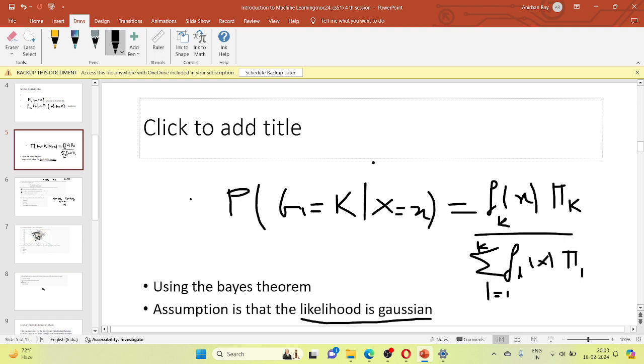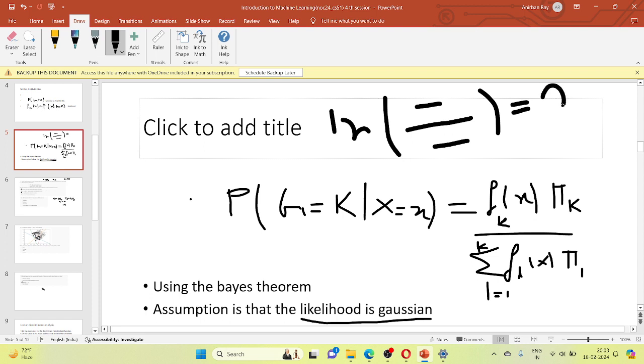The log of this ratio, for one class some expression divided by some expression for another class. This part will be the same, so it will cancel out. Only f_k1(x) pi_k1 divided by f_k2(x) pi_k2 will remain. But as we are on the decision boundary, this has to be 0.